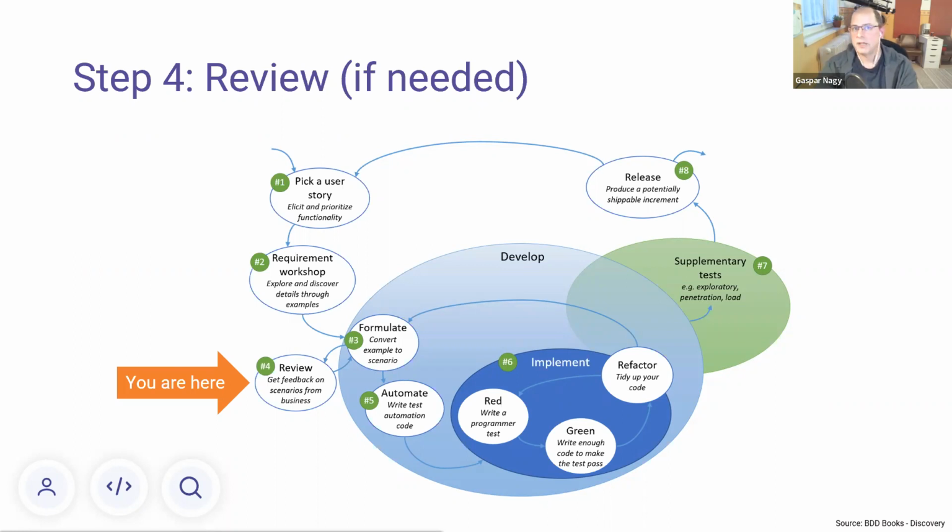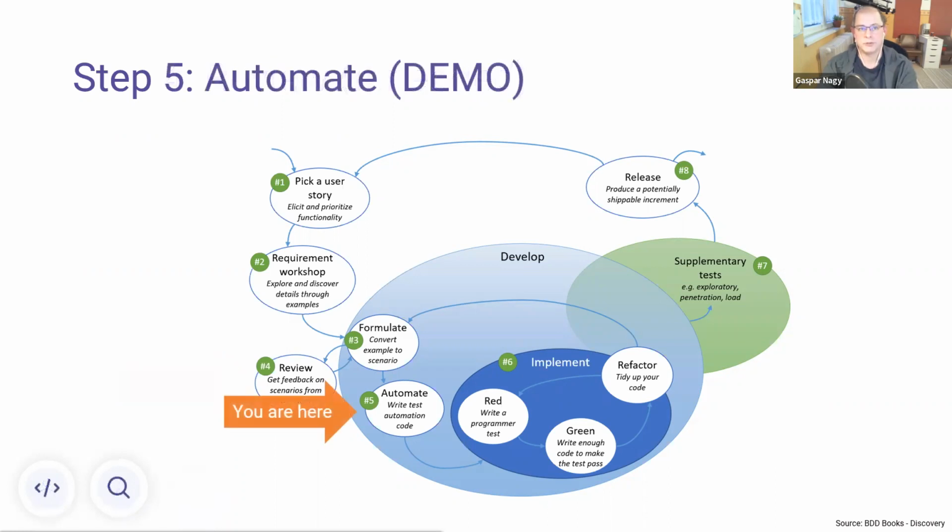If this is done, then now we have a set of formulated scenarios that are ready to work. So this means that we can move on to the next step, and we can automate the scenarios here.